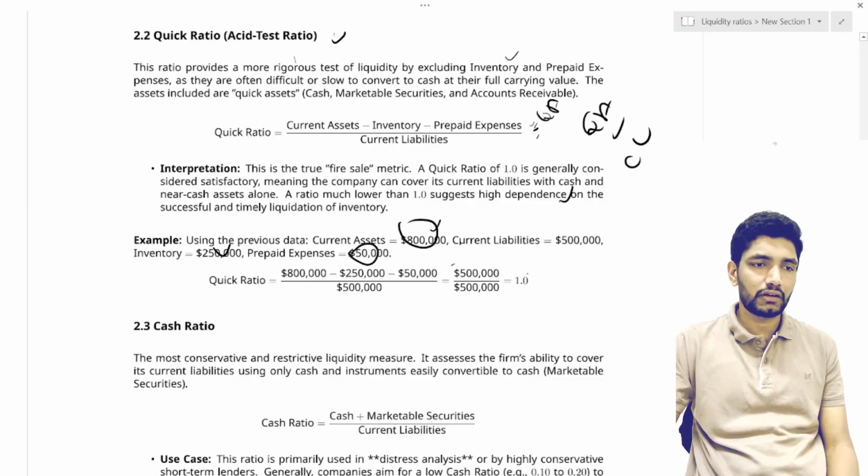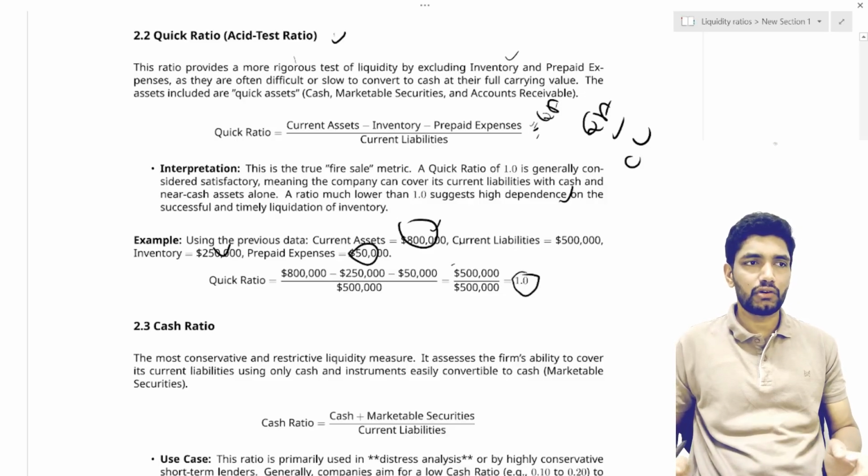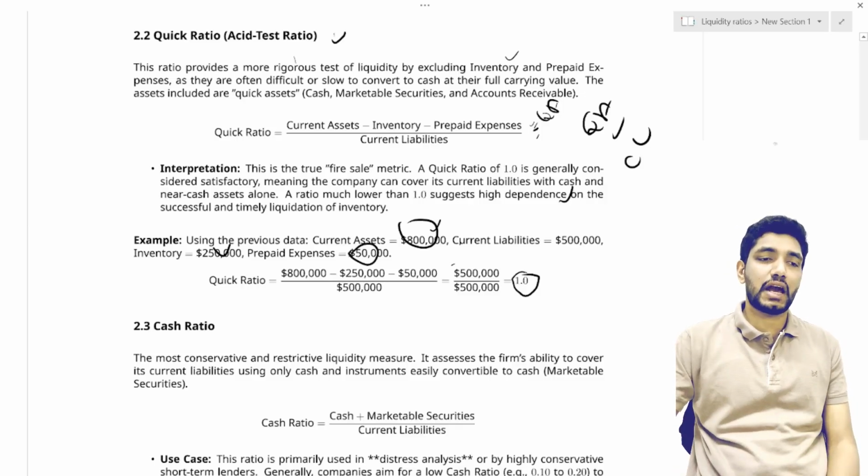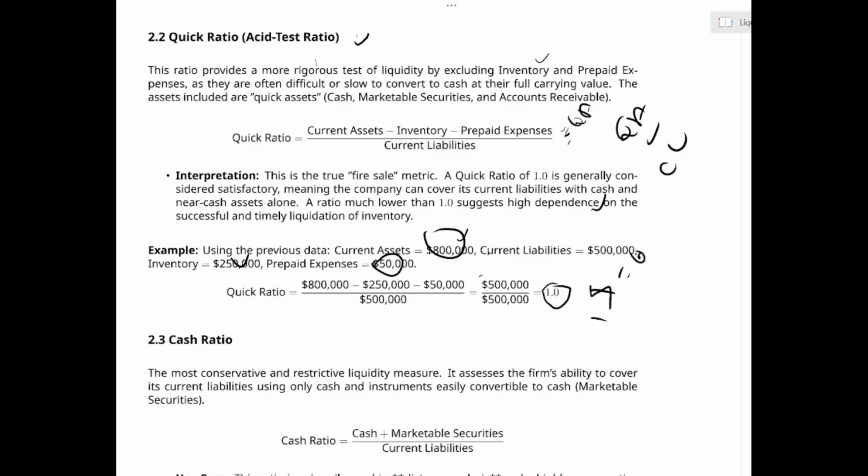That means 1 is the quick ratio. So what it indicates is that this company has $1 of quick assets for every $1 of current liabilities. So this company can meet its complete current liabilities by using its own quick assets.